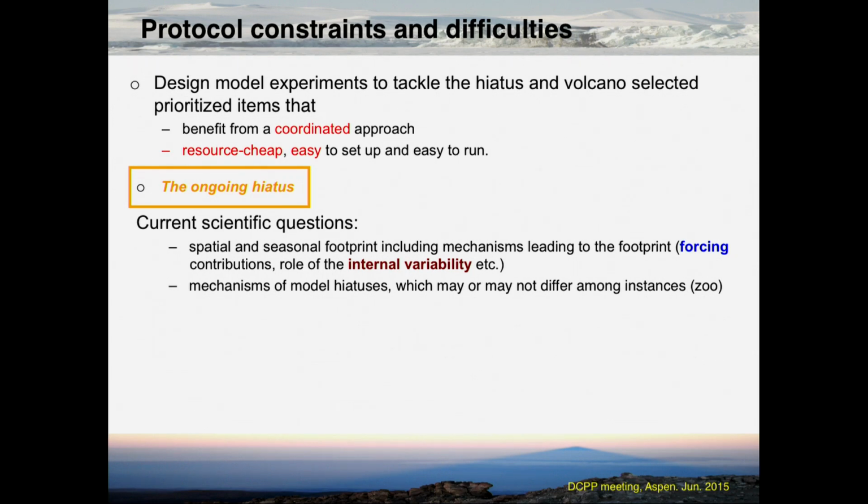For the hiatus question, the scientific question we would like to ask with this coordinated experiment is to assess the spatial and the seasonal footprint of this mode of variability and the contribution of the forcing and the internal variability.